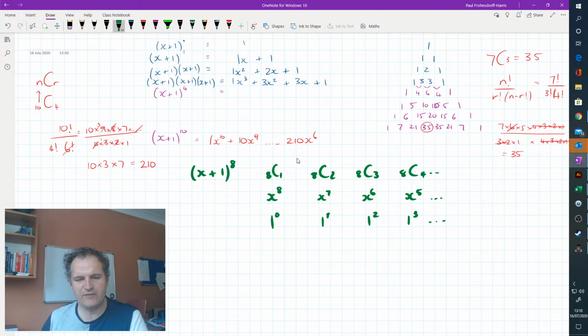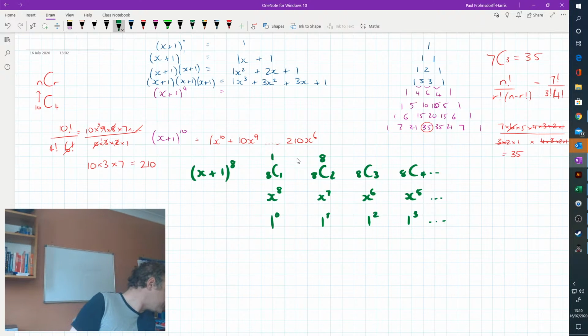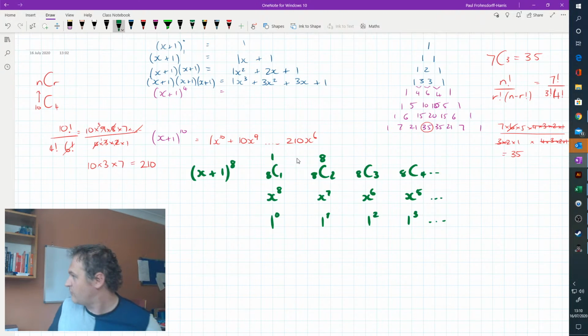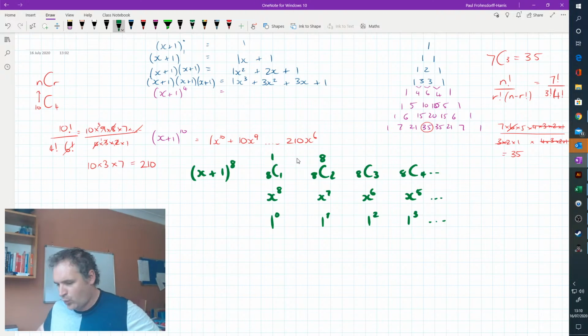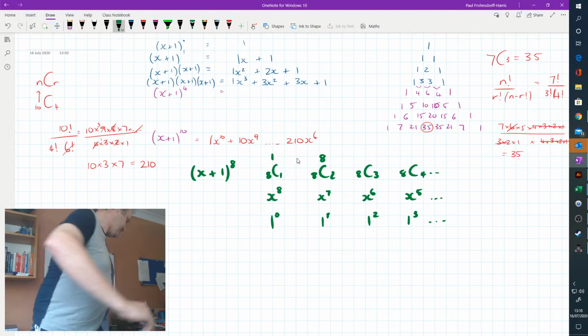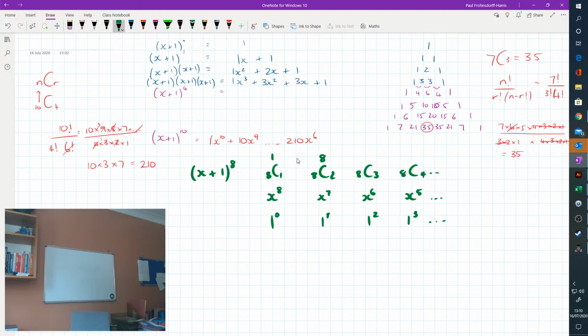Your calculator will give you that this is 1, 8, and then it will give you the other ones. I can't remember where I've put my calculator. I will have put it somewhere safe, because that's where I put things. I probably took it to school, so I imagine, here it is.